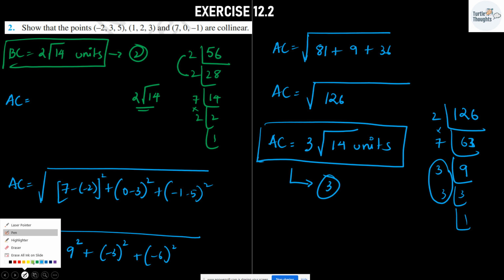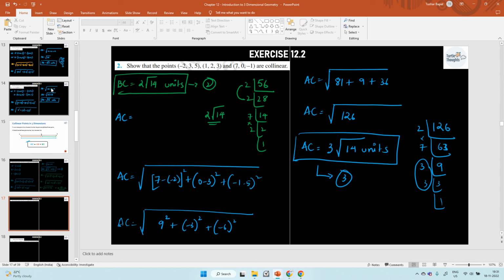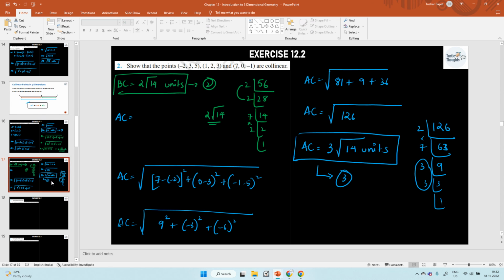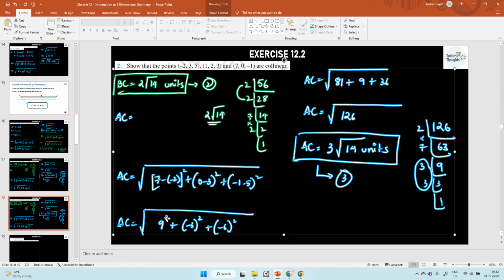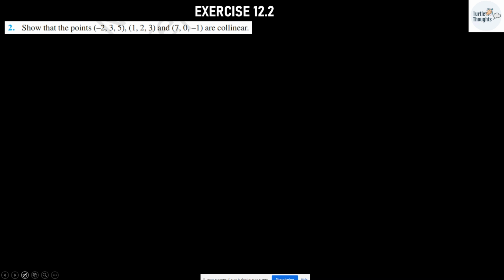Now you can end the question by saying, let me just take one more slide over here. We have got equations 1, 2 and 3. Also the distances, which is AB, I have got as root 14 units.